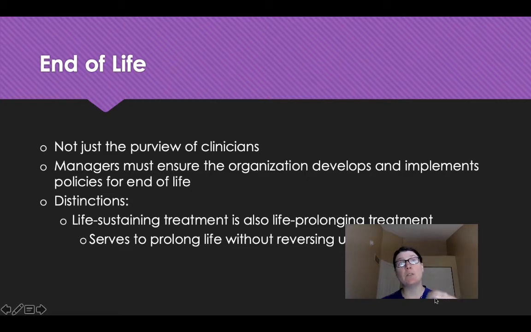But so with her, she was non-responsive, fully on artificial nutrition and hydration, and on a ventilator. And so that's a life-prolonging treatment. So it's certainly not going to fix the brain damage that she had. That's just a treatment to prolong her life.